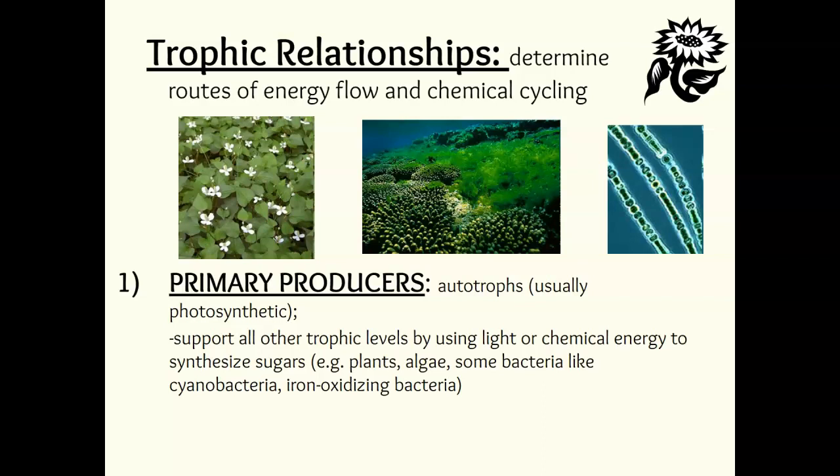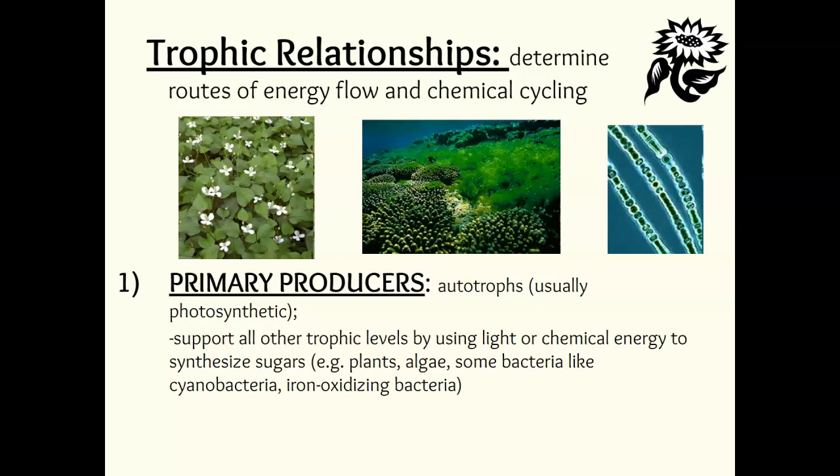This is a really important level because it supports all levels above it that need to depend on these organisms for getting that initial energy source in the ecosystem. So plants, algae, and cyanobacteria are great examples of photoautotrophs, and then iron oxidizing bacteria would be a chemoautotroph. They typically are found in areas where there would be rust.